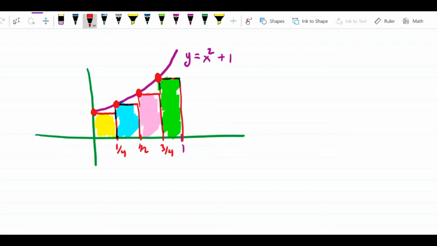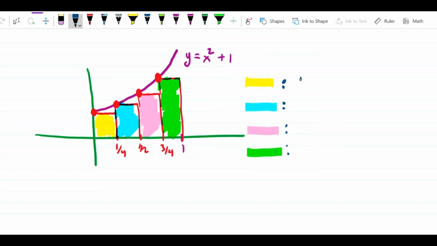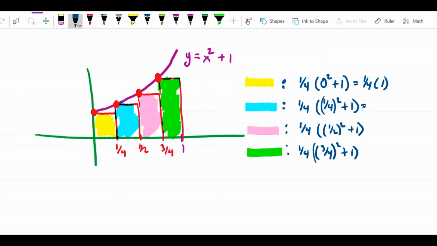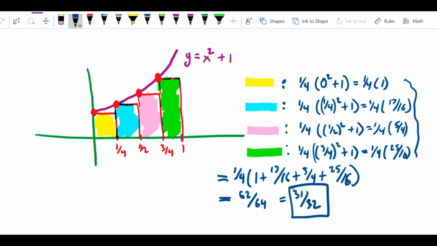So I'm just going to zip through writing out what these areas are. Okay, so if I choose the lowest possible y value in each subinterval, then I get a different approximation. This approximation is 31 over 32.